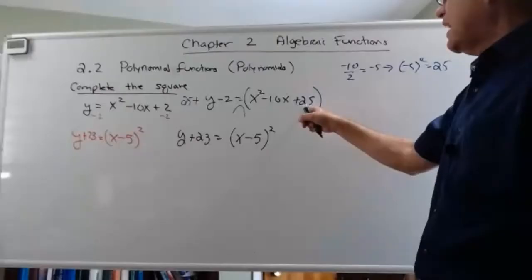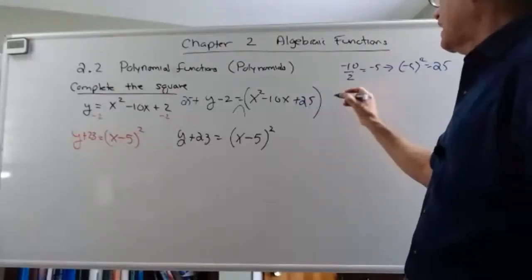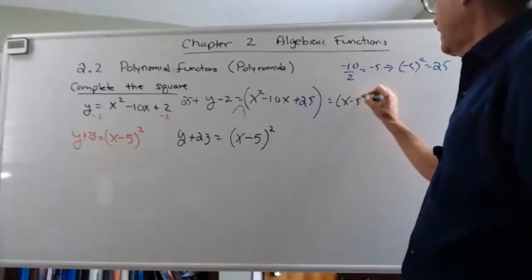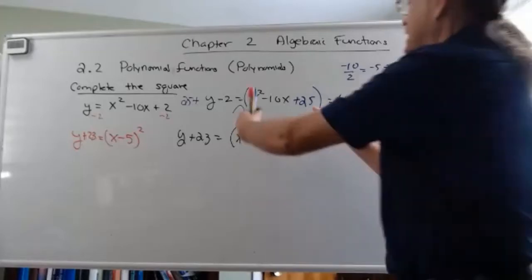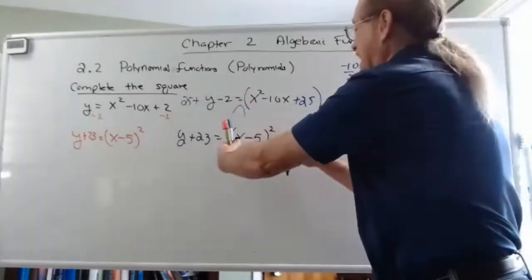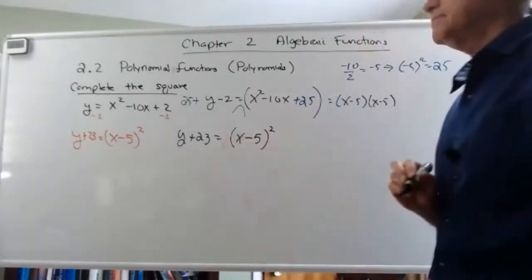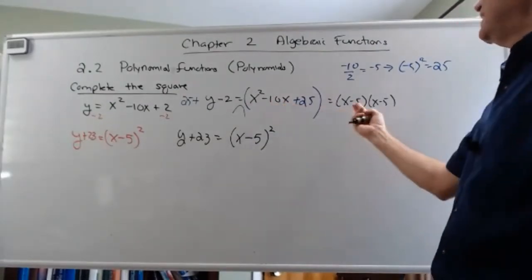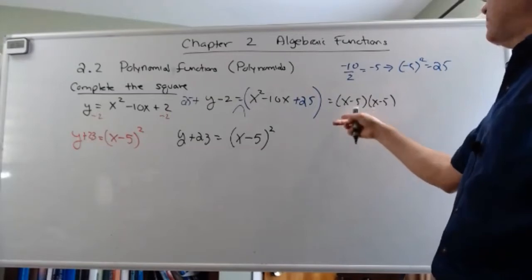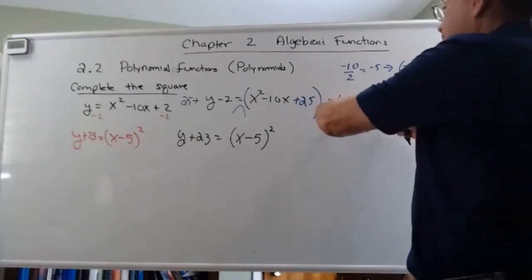The reason we do that is because you can factor that into x minus 5, x minus 5, or really x minus 5 squared. We're making this factor so it's completing and making that a perfect square. And that's why I need to divide it by 2 to get that number. So I have my minus 5x and my minus 5x to give me my negative 10x.